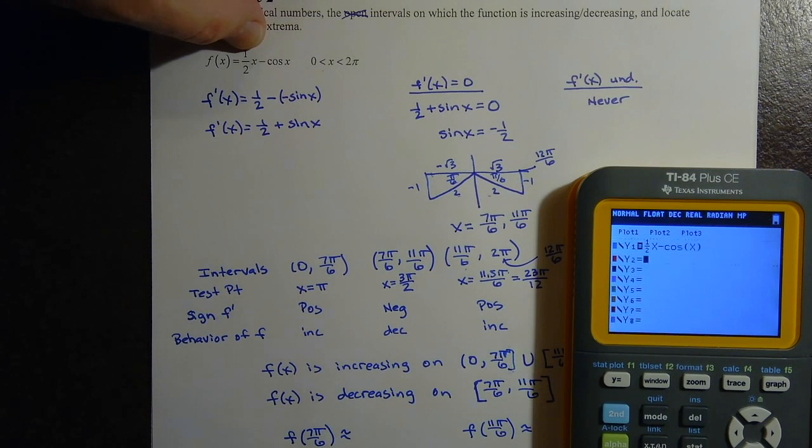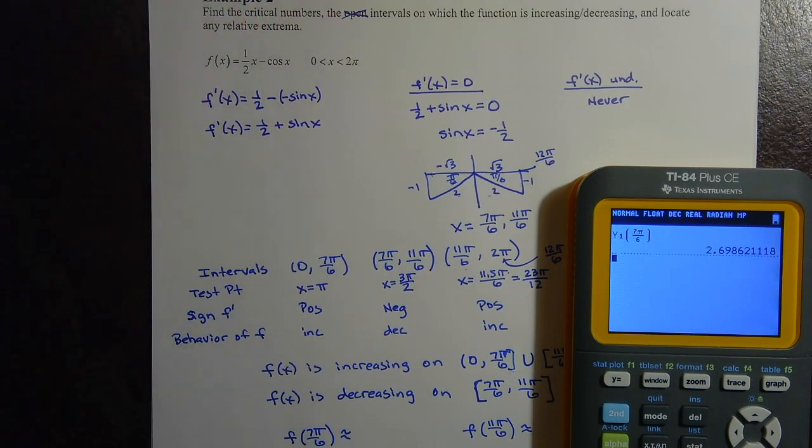Then all you have to do is go alpha, trace, and then number 1, and you put in 7 pi over 6. And you get 2.699. You could also write this as 2.698, and that would be fine.